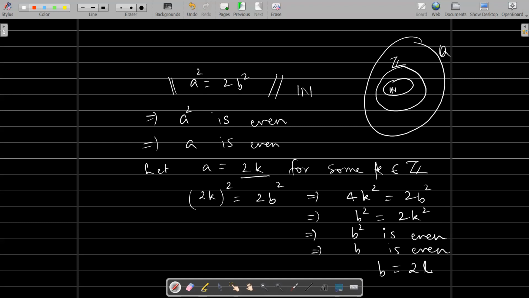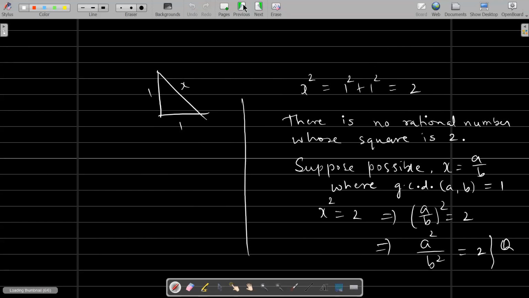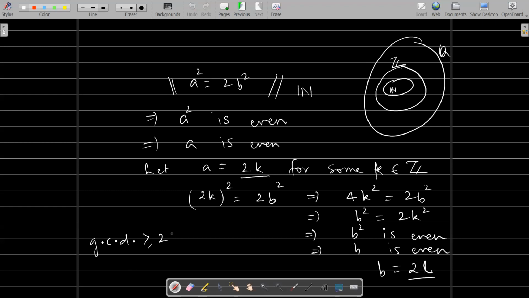So now we have the GCD greater than 1, thus a contradiction. This implies the GCD of a and b is at least 2. 2 is a common factor, which is not 1, whereas we assumed that the original GCD is 1. So that is a contradiction. Hence, square root of 2 cannot be equal to a upon b, where a and b are natural numbers and the GCD is 1.